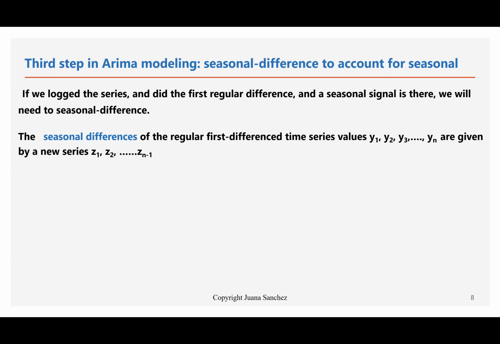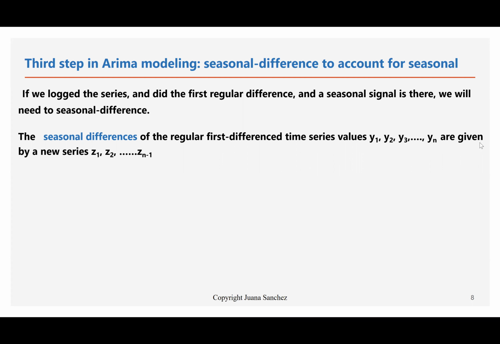So let's continue what we were doing. We had logged and taken the first regular difference of the earnings in the Johnson time series, and we obtained a time series Y1, Y2, ..., Yn.